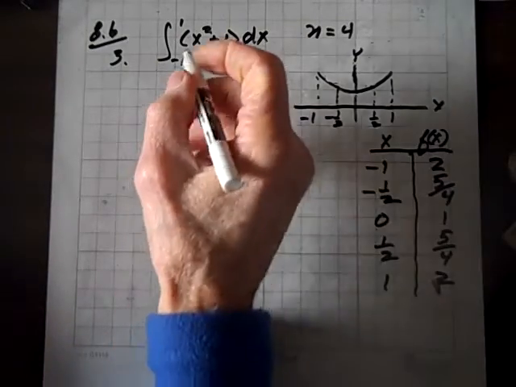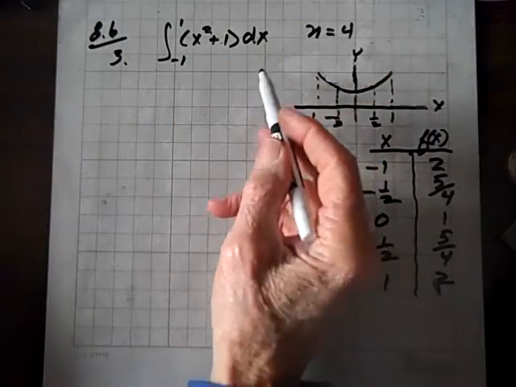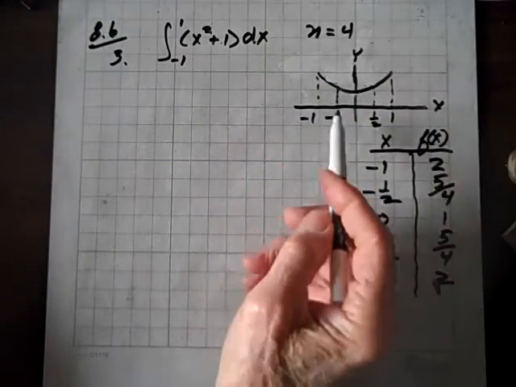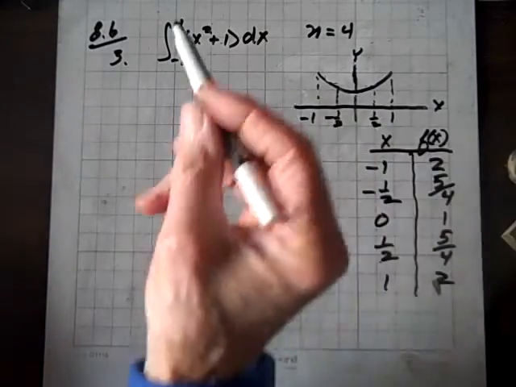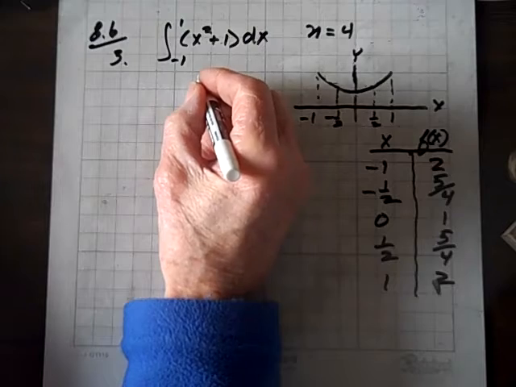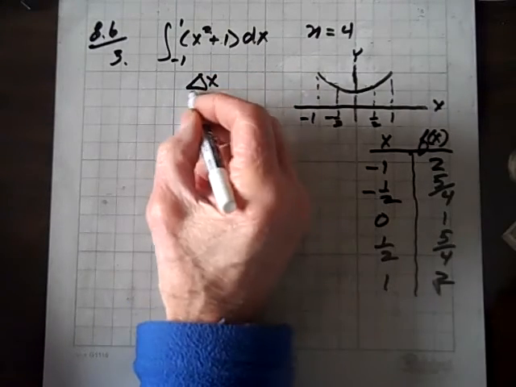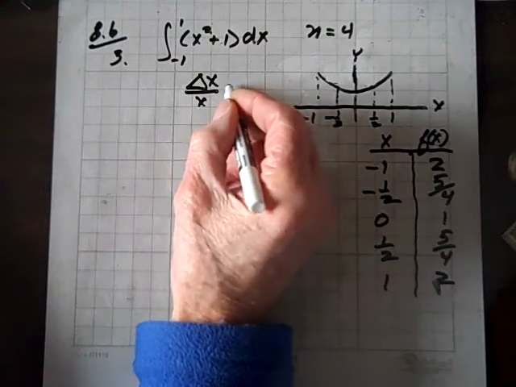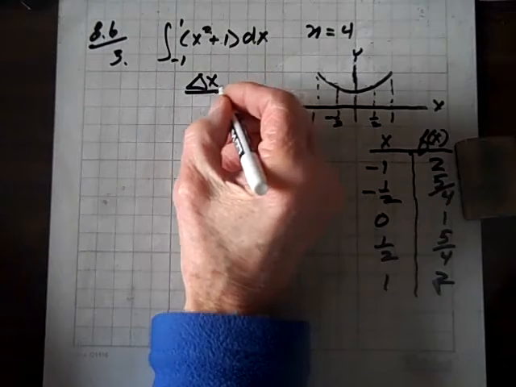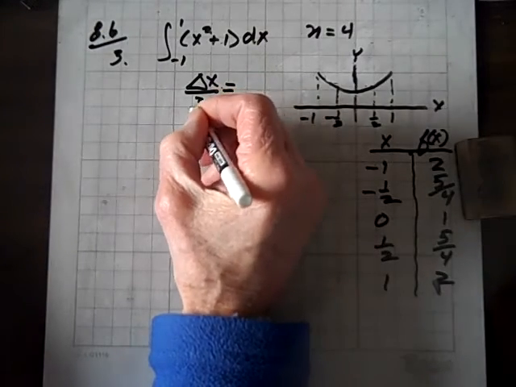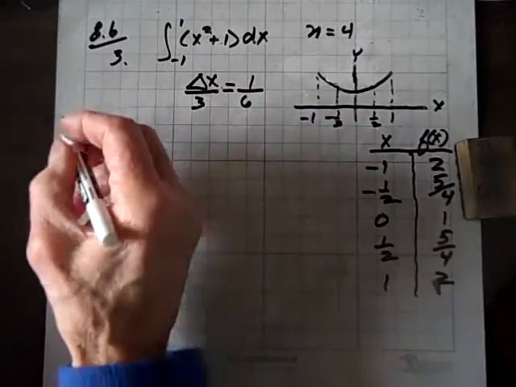And by the way, delta x in this case, we have 4 subintervals, so from -1 to 1, so delta x will be 1/2, and delta x over 3 will equal 1/2 divided by 3 is 1/6.